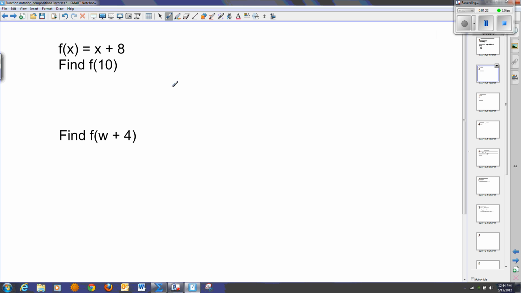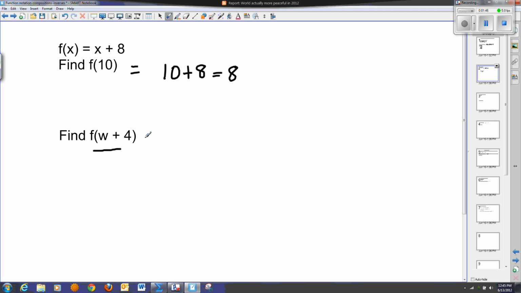Now, we're going to take a look at another problem where we're asked to find f of 10 when f of x is equal to x plus 8. Well, f of 10 is simply taking 10, substituting it in for the x value, adding 8 to it, and getting 18. In our next example, we're asked to find f of w plus 4.